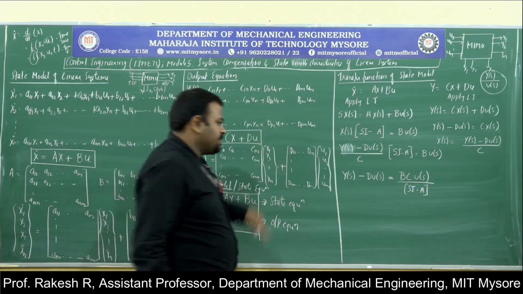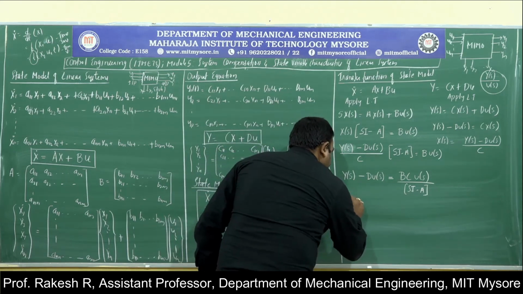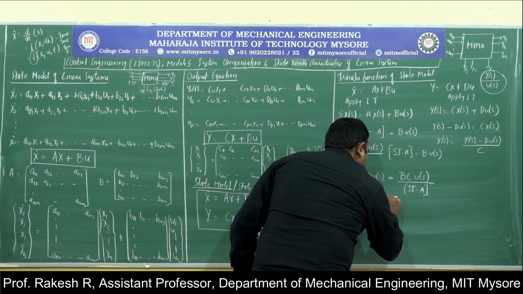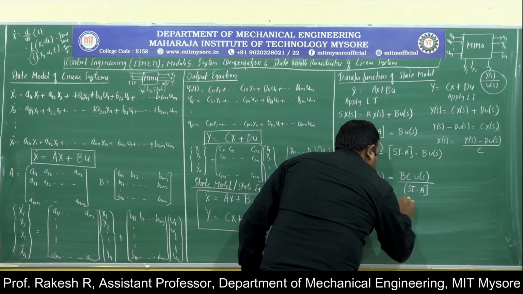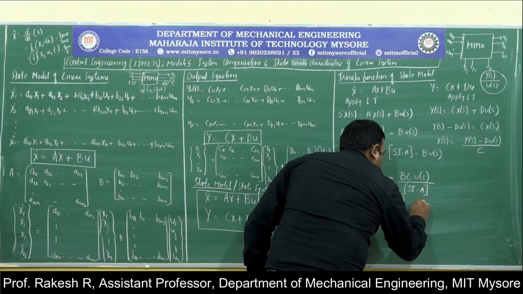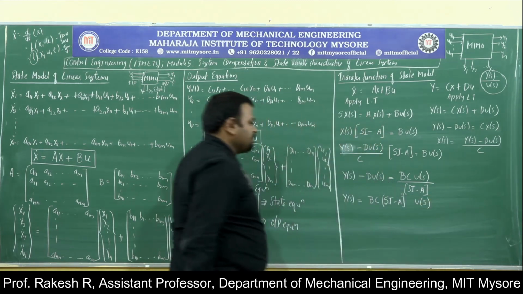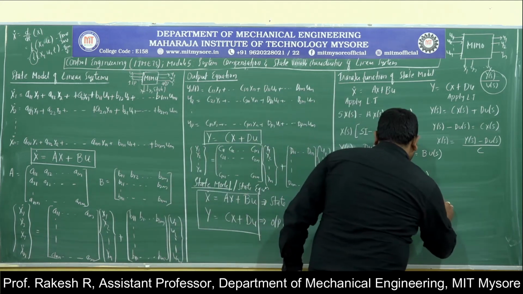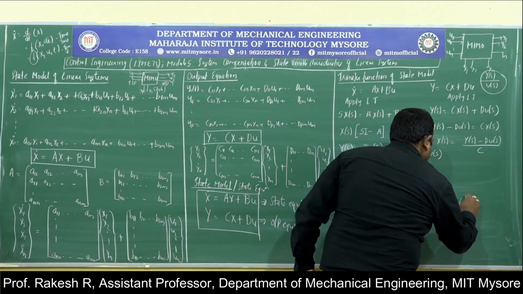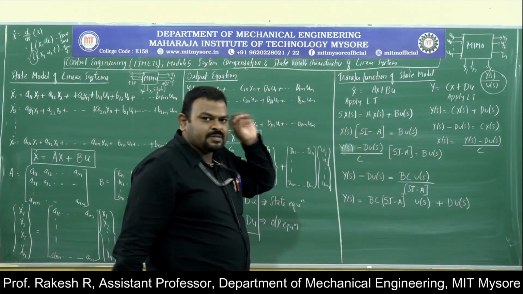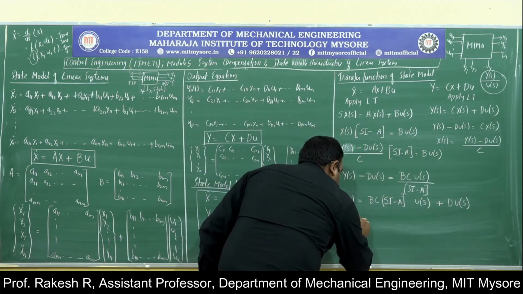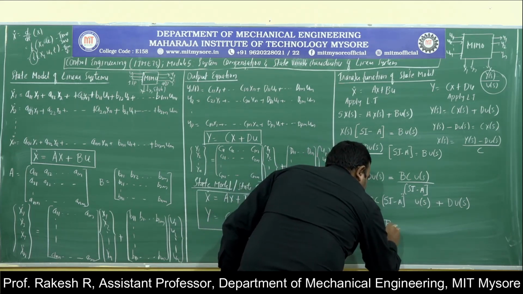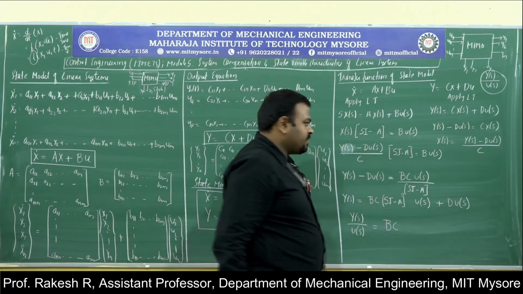So 1 by A is A inverse. Y of s will be equal to B C (sI minus A) inverse into U of s. Also I will consider this plus D into U of s. If I take U of s common, then Y of s divided by U of s will be equal to B C. What is A inverse?